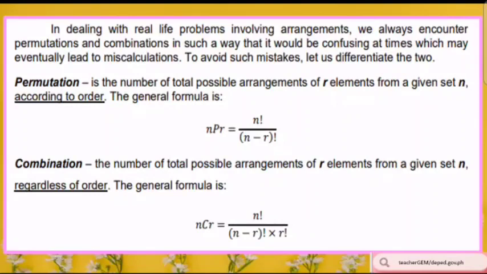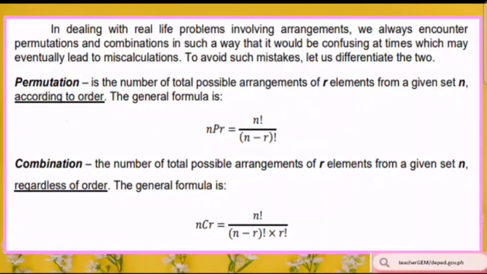For the general formula, the permutation of n taken by r is equal to n factorial divided by the quantity of n minus r factorial. As for combination, its definition is the number of total possible arrangements of r elements from a given set of n regardless of order.